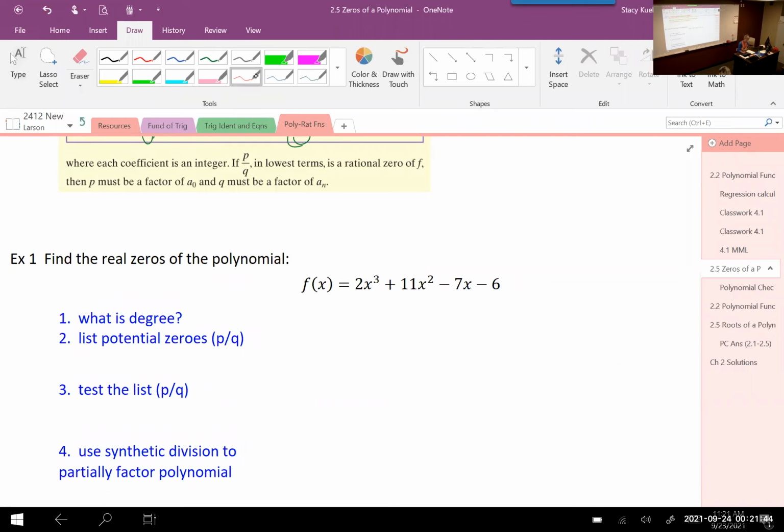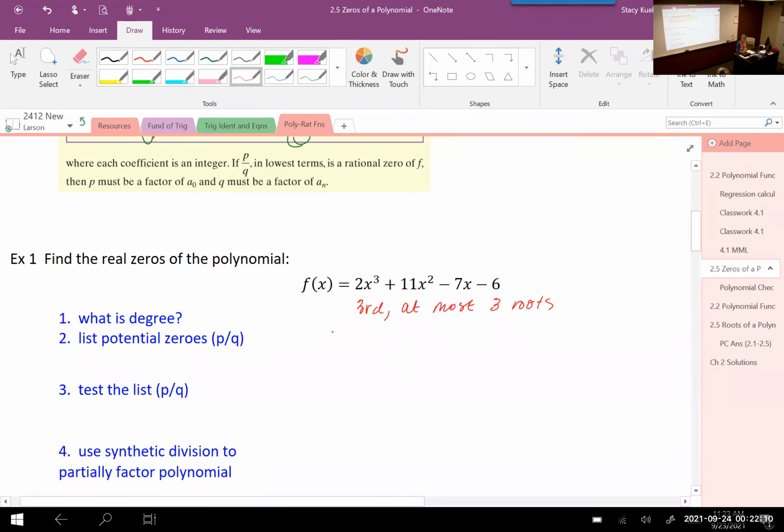This is 3, right? So it's a 3rd degree polynomial. I should have at most 3 roots. I would expect to see 3 roots. Now we're going to only concentrate right this moment on the real roots, or rational roots, I should say even. No imaginaries are coming into this right now, okay?